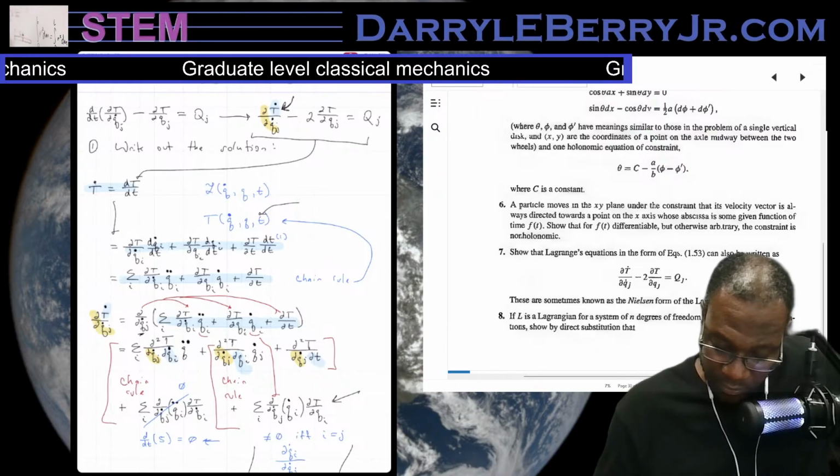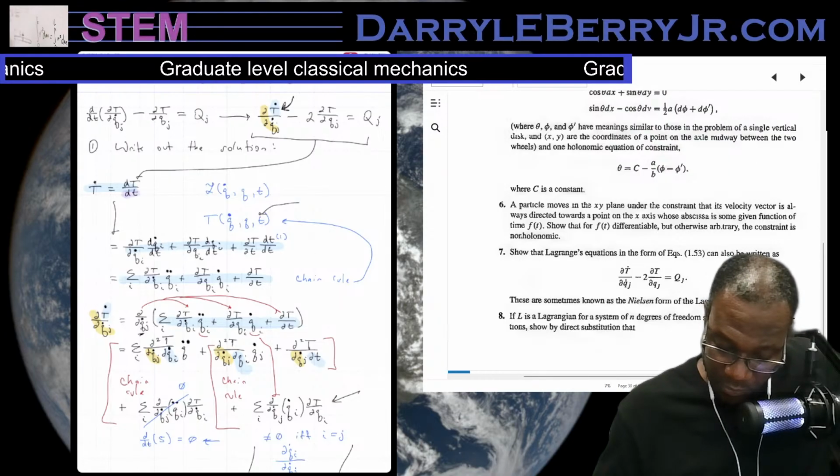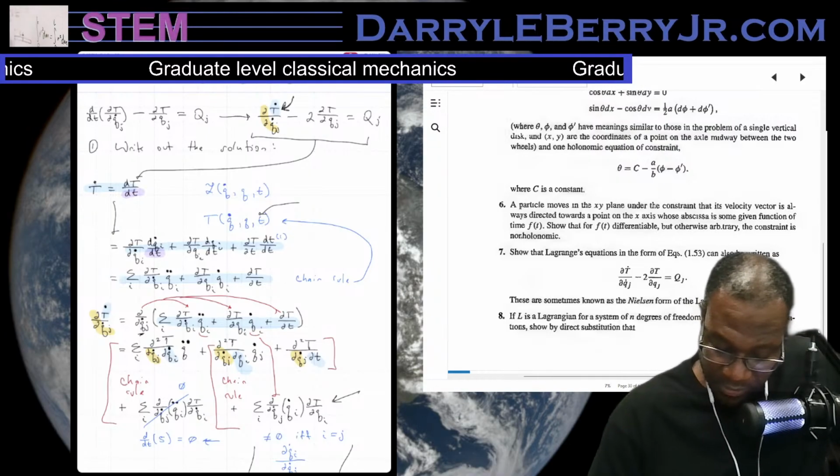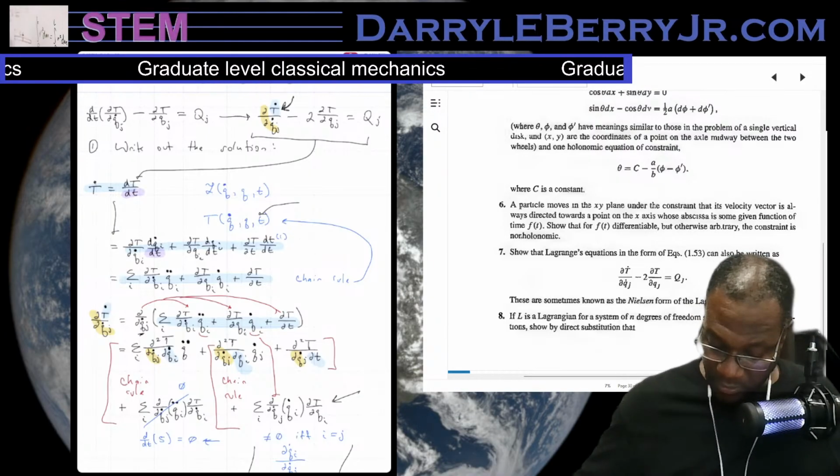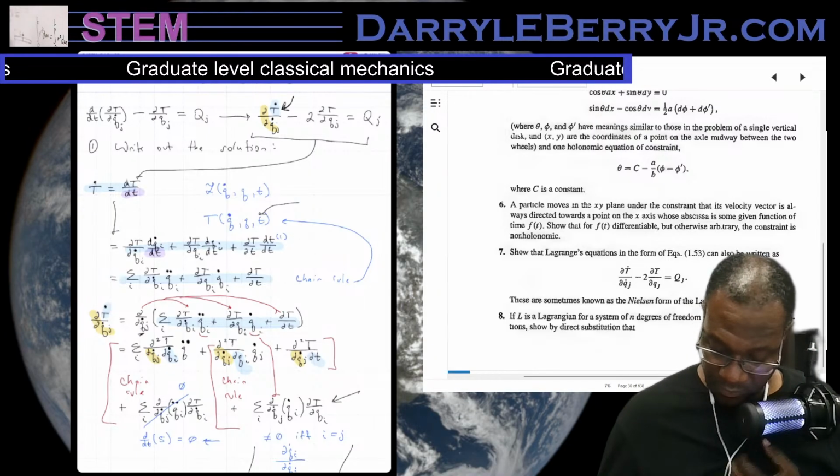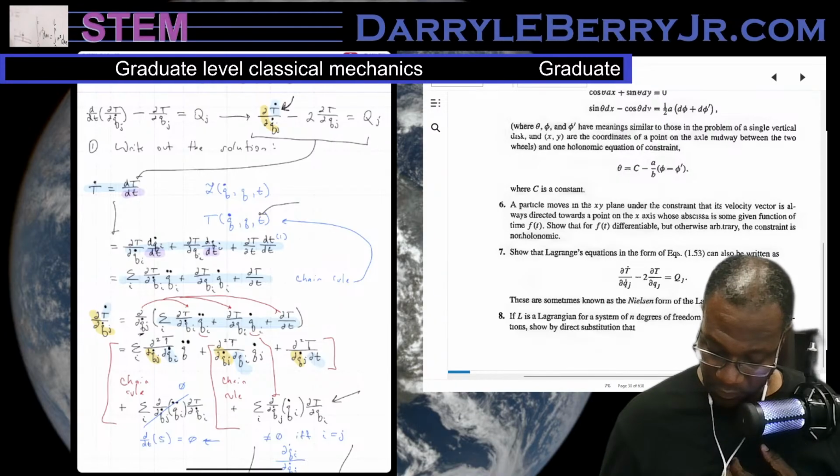The thing that we're taking the derivative of goes last, and the terms of the variables of the term go first.